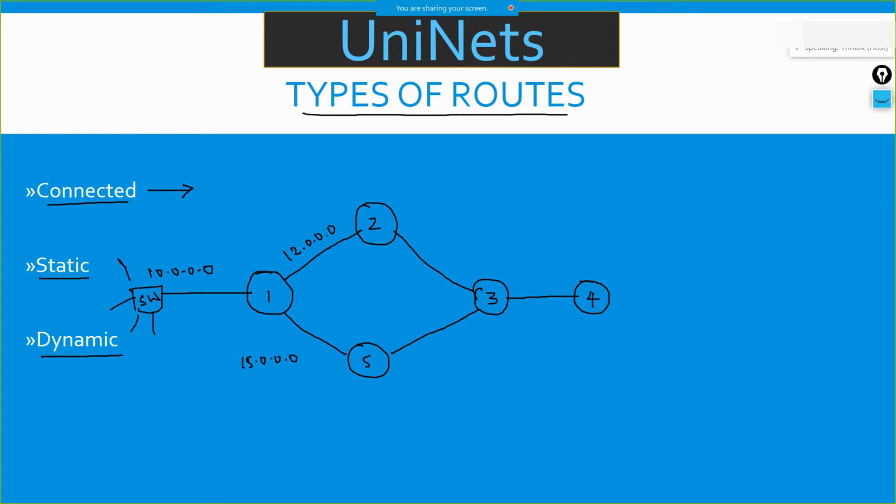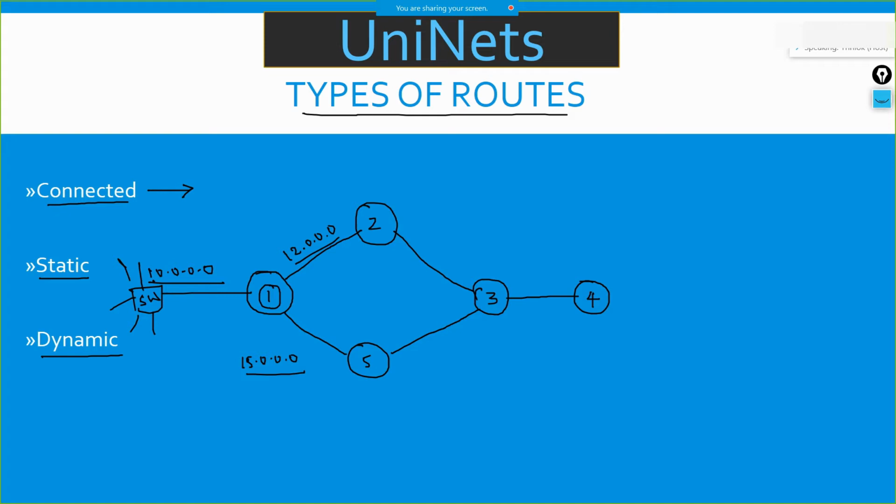That is, all my hosts are connected to this network. Now my router has three networks, those are 10, 12 and 15. These networks are directly connected to my router 1. Why? Because it is having that network IP on its interfaces. That is why they are directly connected.